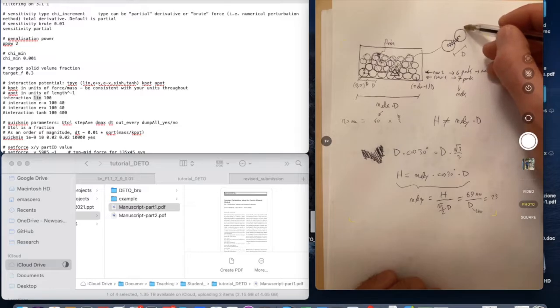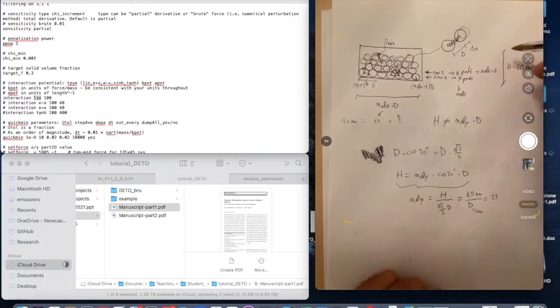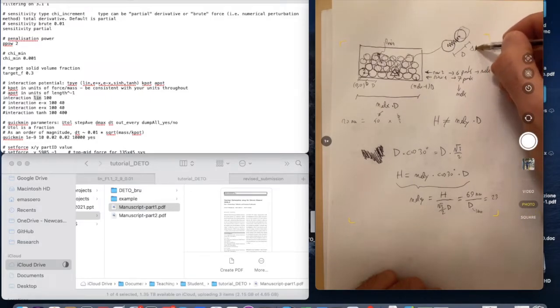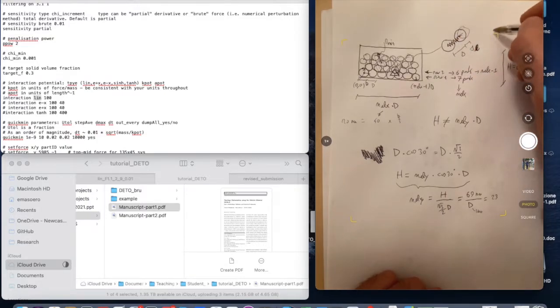If you move the particles away by a quantity delta x, or delta L, let's call it, delta small l, then the force that this particle will receive, and that the other particle will receive too, so the two particles will be pulled one towards each other by an axial force equal to k times delta L.